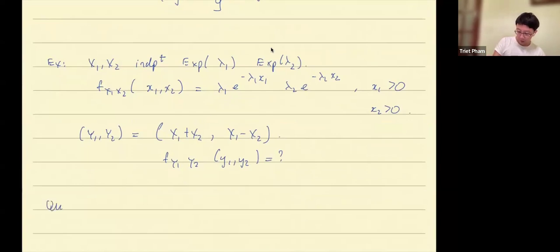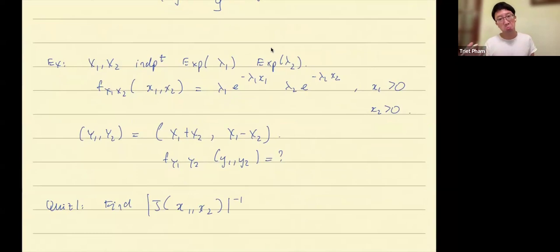So let's start with the first question. Find the Jacobian of x1, x2 inverse, but of course in terms of y1, y2.